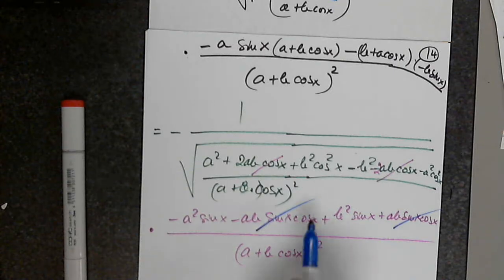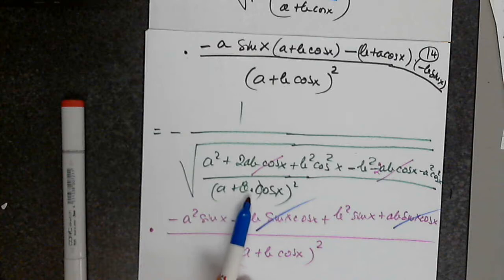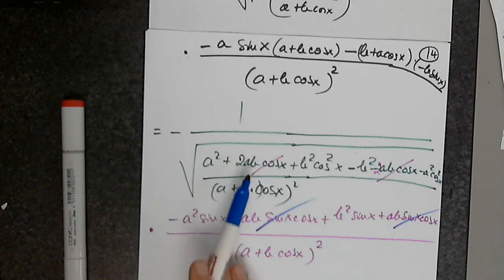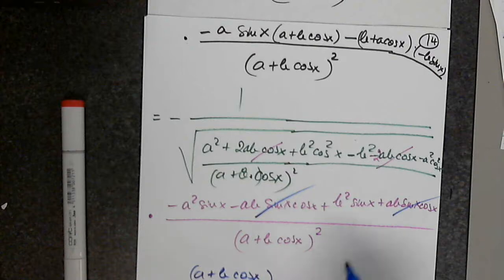So it's negative. I can take the square root from this, and since it's a fraction, I can flip it. So a plus b cosine x divided by the square root.